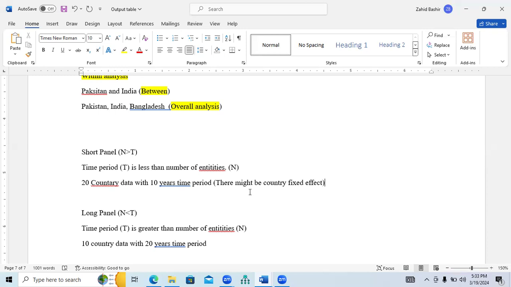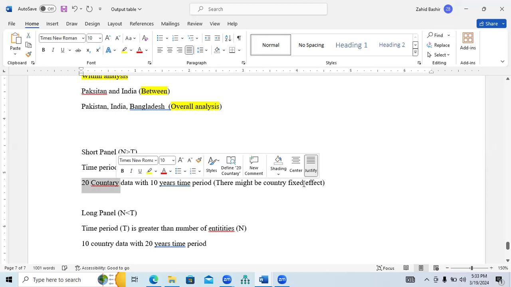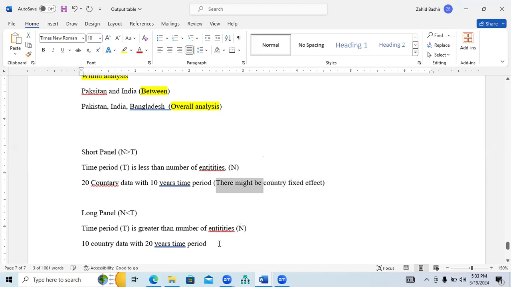Each country is different from the other in terms of culture, currency, economic values, GDPs, and so on. As there are more countries in a short panel, there might be a country fixed effect. But in a long panel, we may have more time period effect.